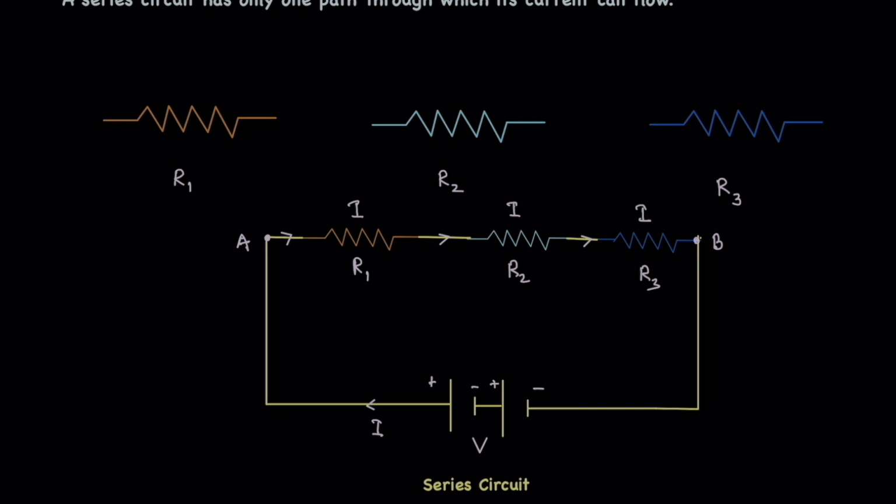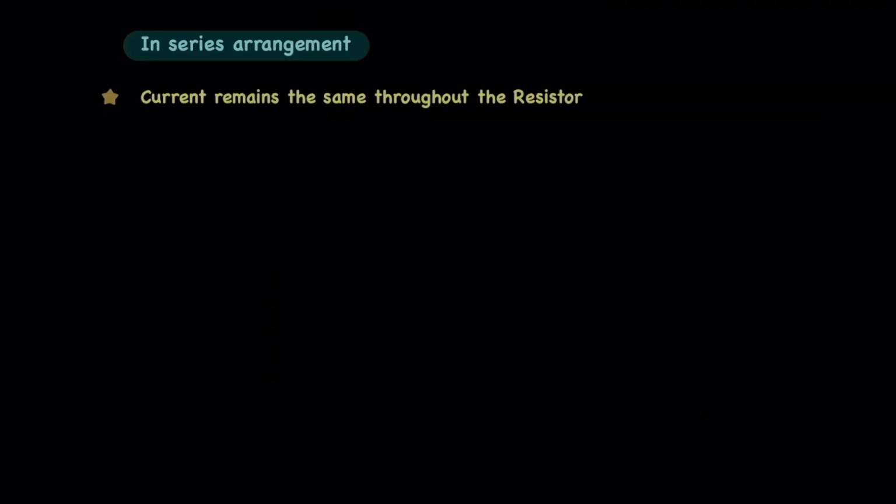So here 2 points are clear. One, in series arrangement all the resistors are connected in a single wire. And second, the current received by each resistor has the same magnitude. So we can note down these 2 points: in series arrangement, the current remains the same throughout the resistors.